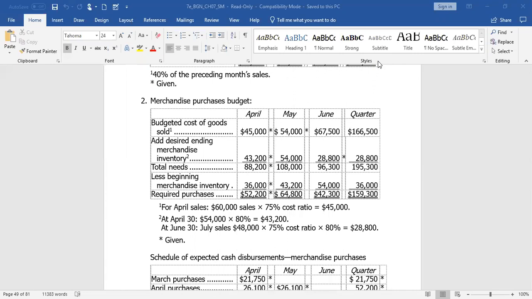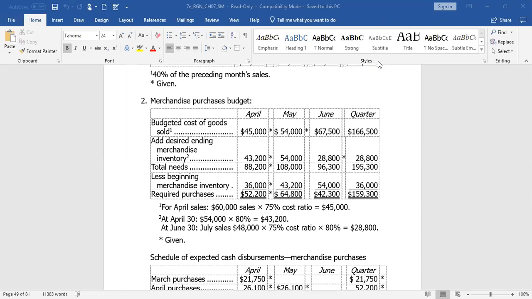So the cost of goods sold is 75% of the sales number. From each month, April through June, we take the expected sales: April 60,000 times 75%, so the budgeted cost of goods sold would be 45,000 for April. May, 72,000 times 75%, 54,000.